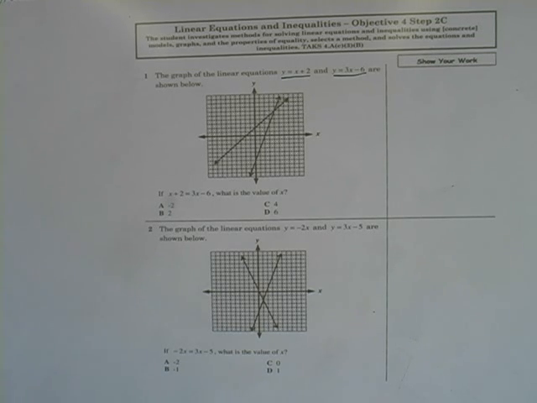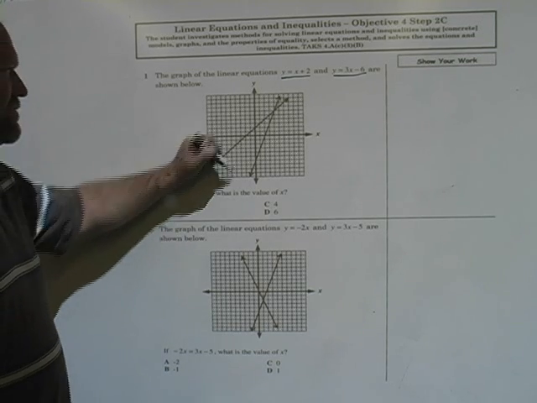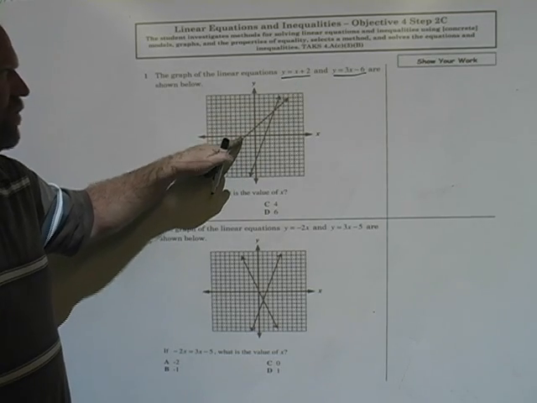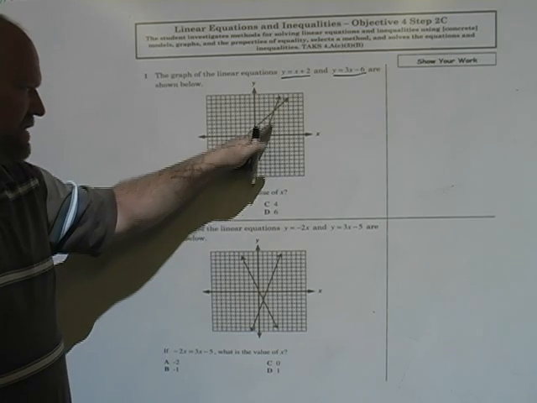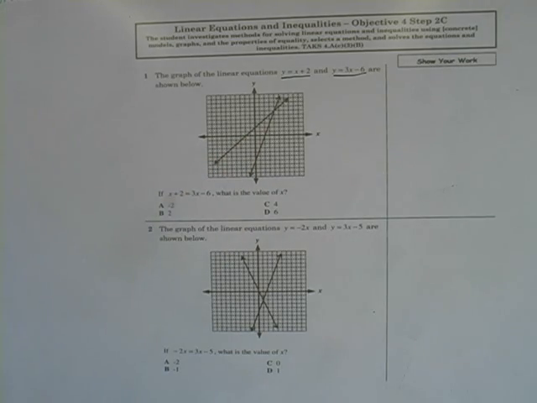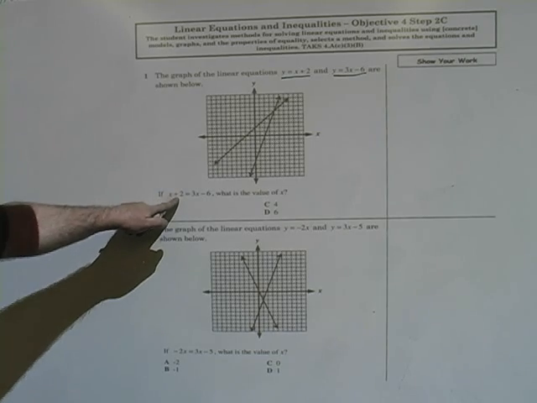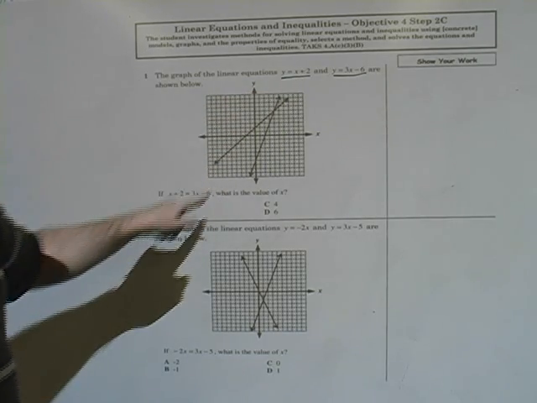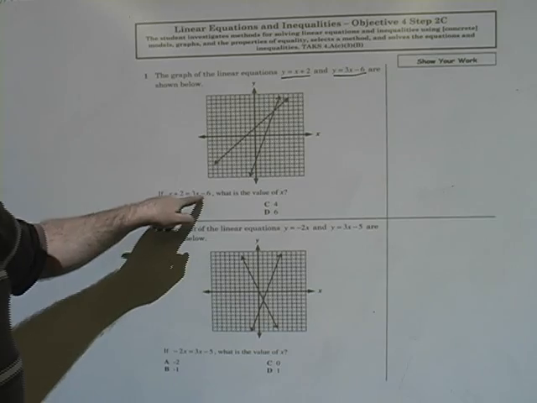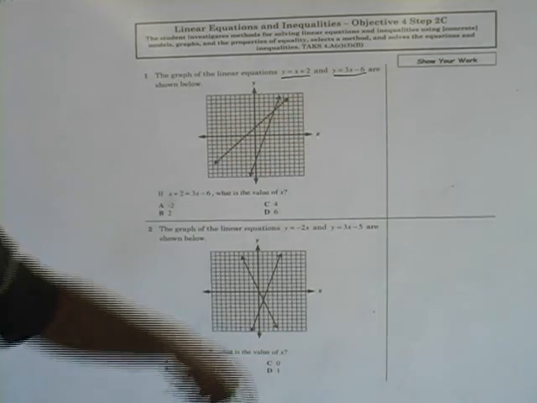Basically, one of the lines is this one, and the other line is this one. Down here, what they've basically done is say this first line is equal to the second line.